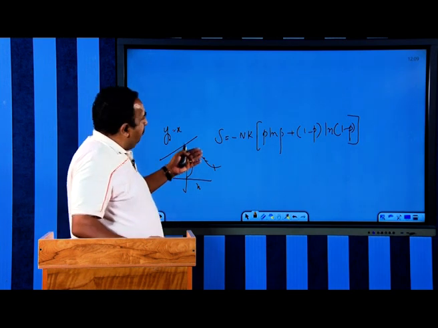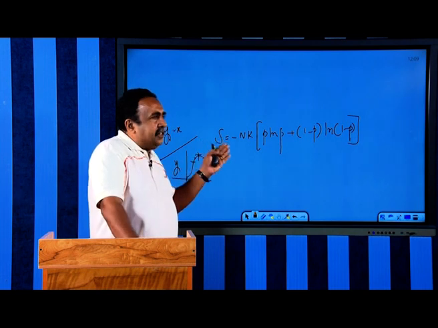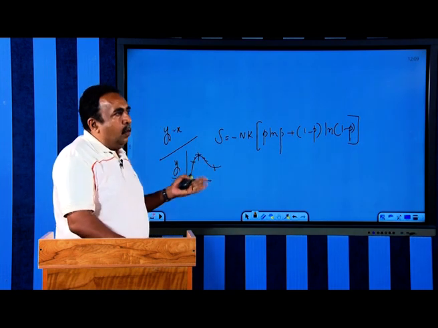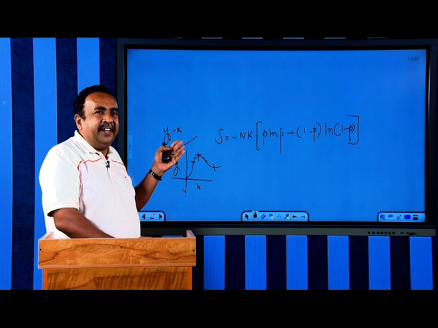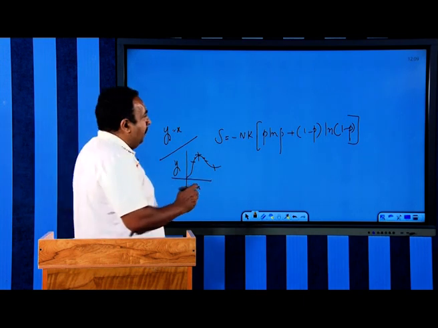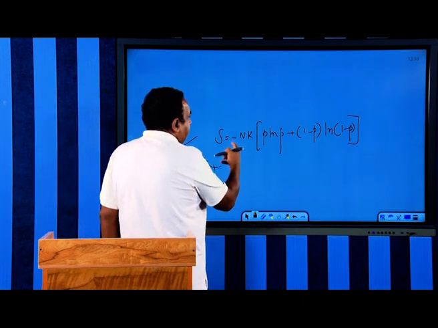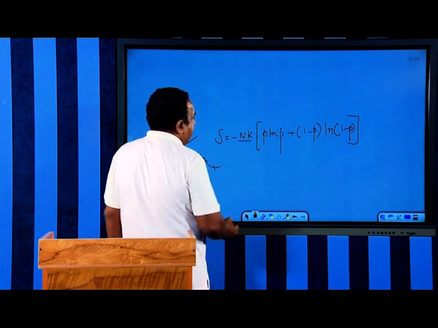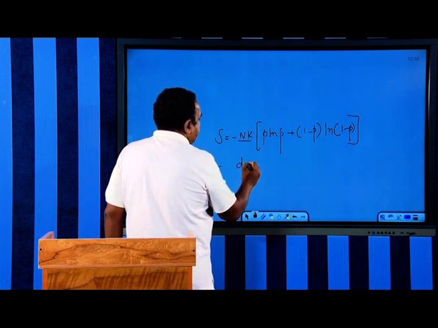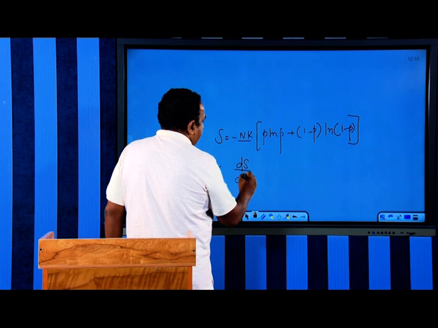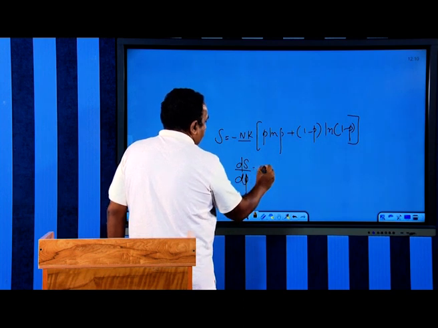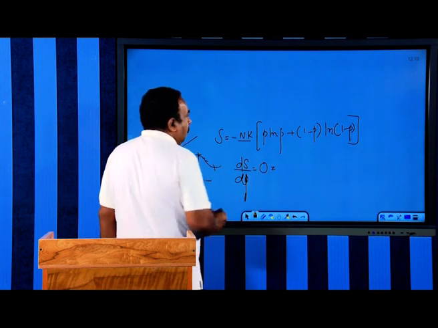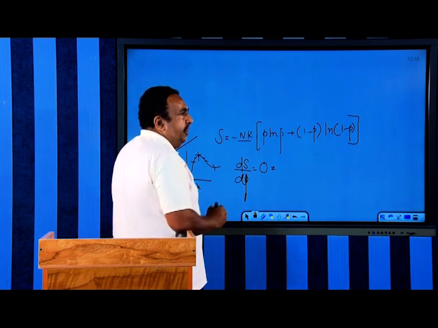Therefore, if I want to find out where this S will be a maximum, I take the derivative with respect to P. The derivative of the constant will be equal to 0. So I will find dS/dP and put that equal to 0. How will you differentiate this?